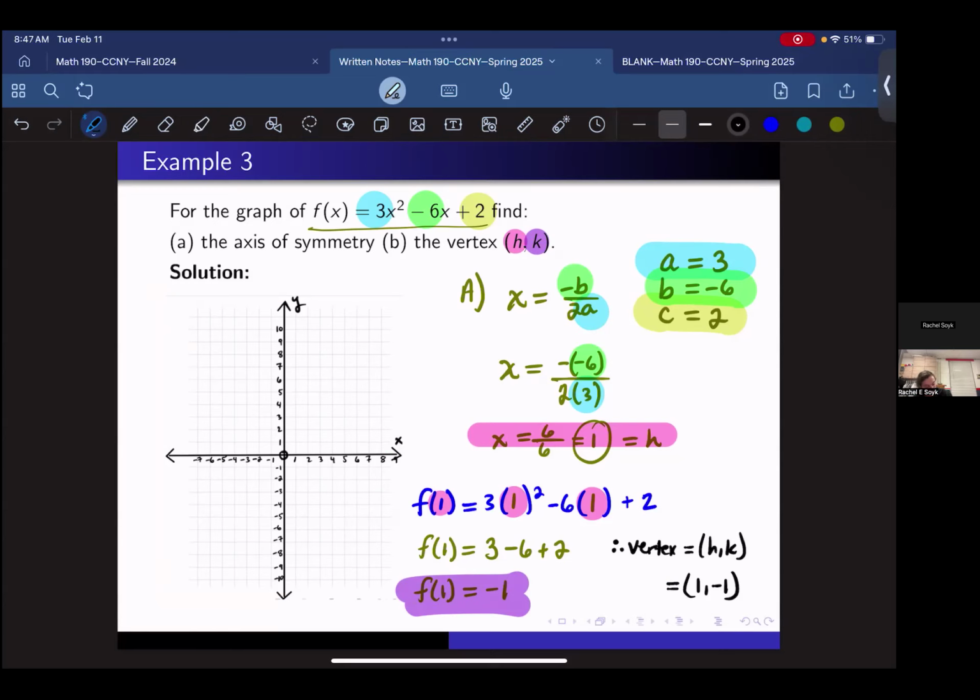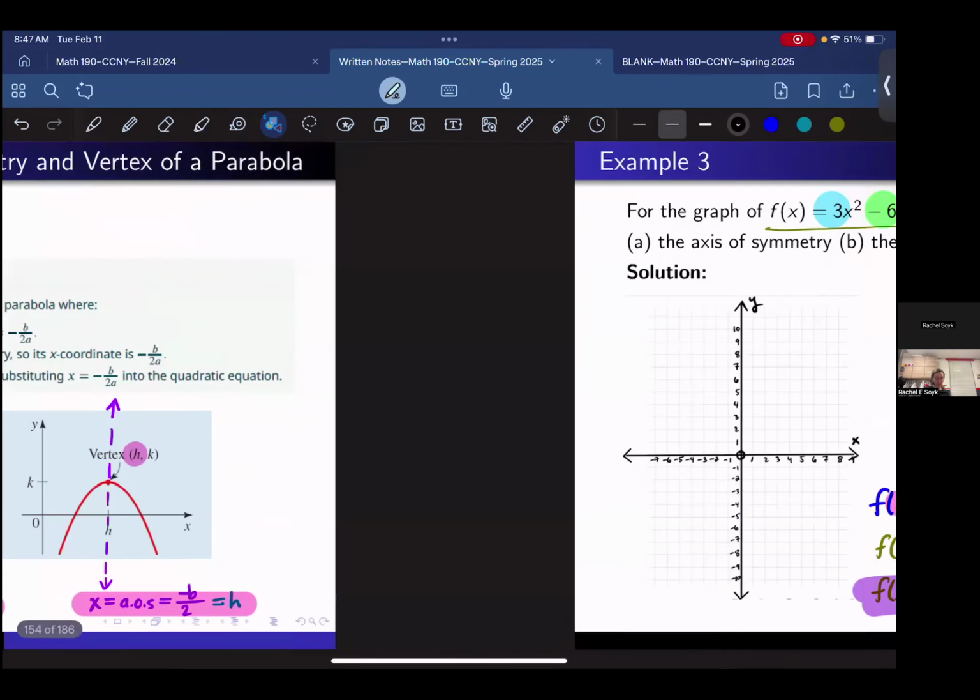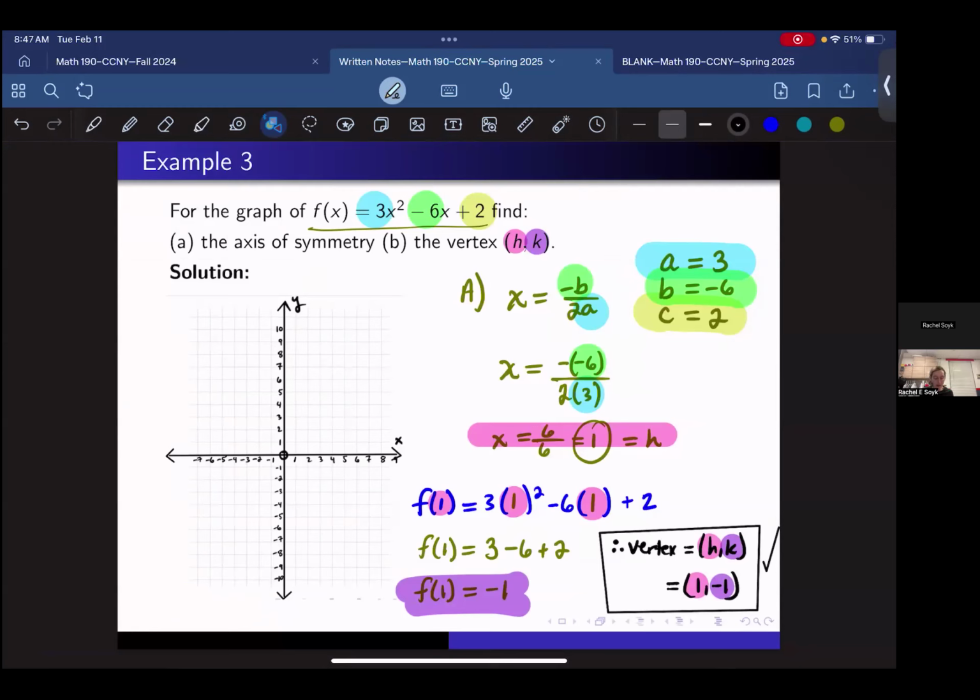And once again, I'll color code so you guys can really see where all these numbers are fitting in. And we're done. Now we weren't asked to graph it, but if we did, 1 comma -1, it's right over here.